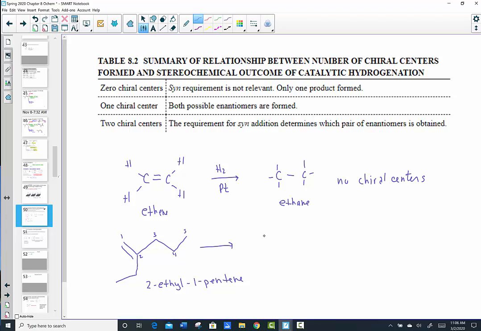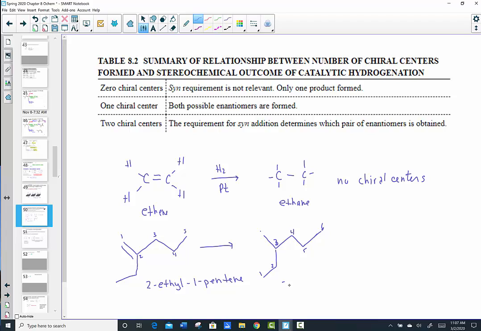Did we create a chiral center? Well, let's peek. Here we'd have 1, 2, 3, 4, 5 in the longest carbon chain. Oops, that's not the longest carbon chain. Here it is, 1, 2, 3, 4, 5, 6. So without the double bond, we find the longest carbon chain.